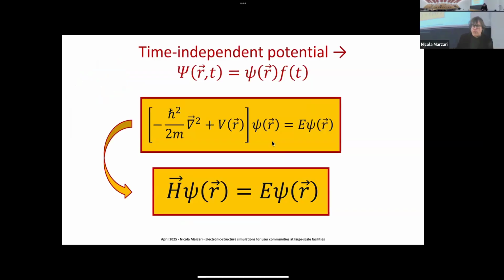Actually, from now on, most often I will use this compact notation for my time-independent problem, and in particular for what is called the stationary Schrödinger equation.